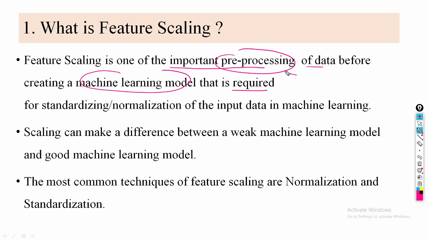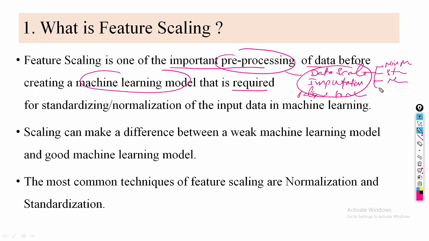Under pre-processing, there are techniques like data scaling, imputation, and categorical to numerical conversion. Under these, data scaling is one of the important ones. Under data scaling, the techniques are min-max scaler, standard scaler, normalizer and binarizer. These are the feature scaling techniques.